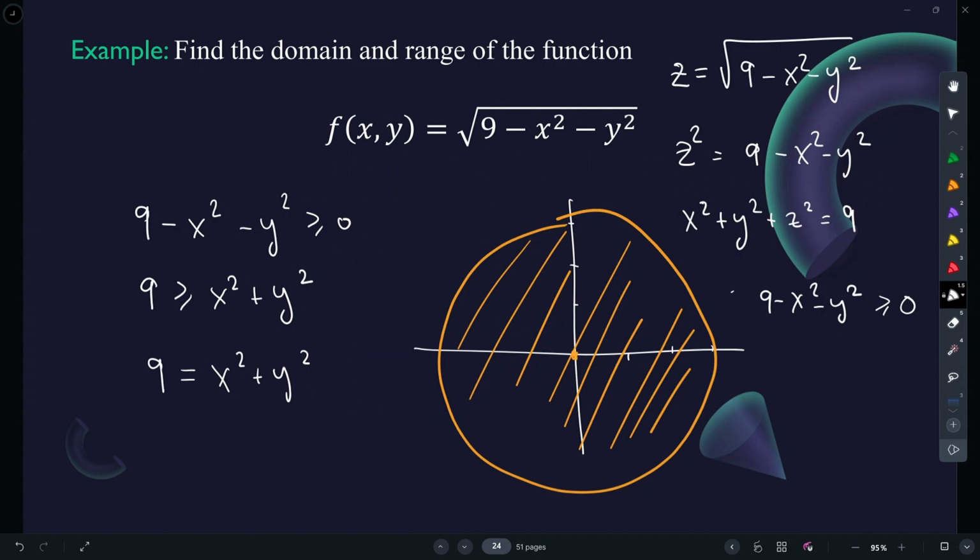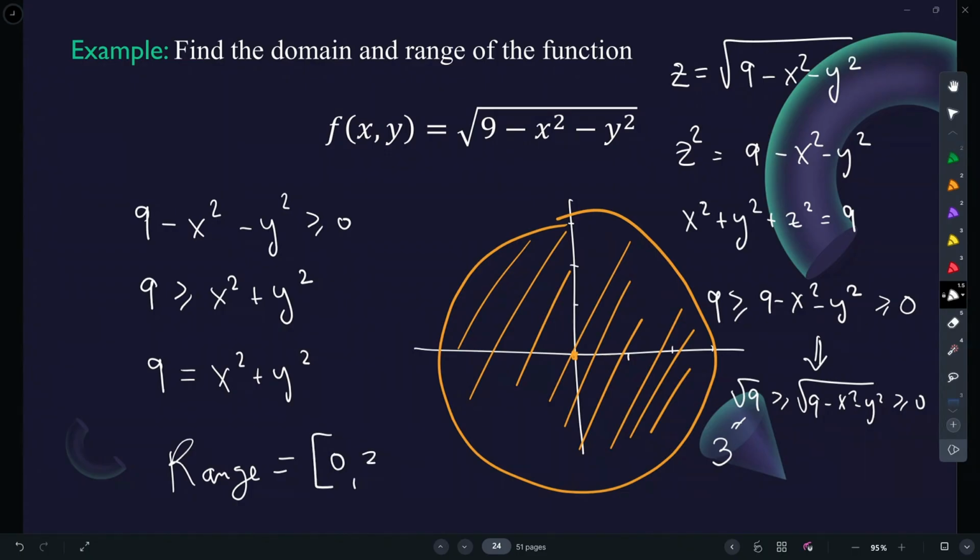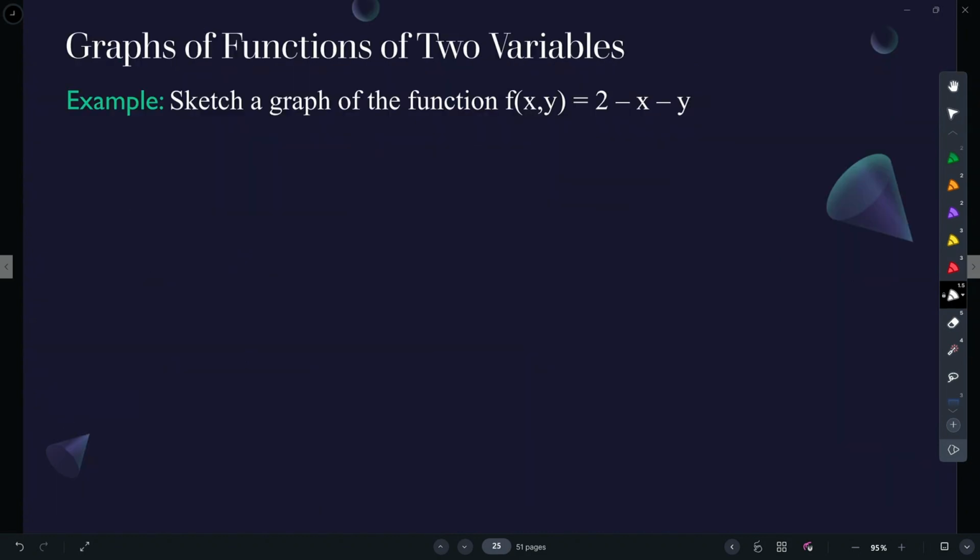So the inside of the function is at most 9. And when I take square roots, I get that the values of the function are between 0 and 3. So the range is the interval from 0 to 3, and it includes both the 0 and the 3. I can reach both values.